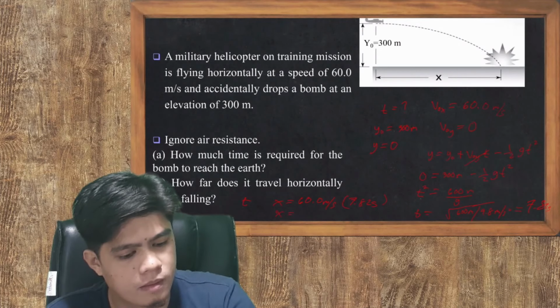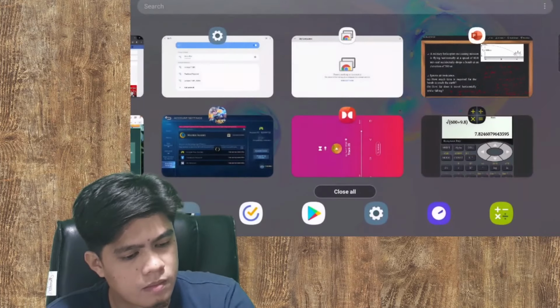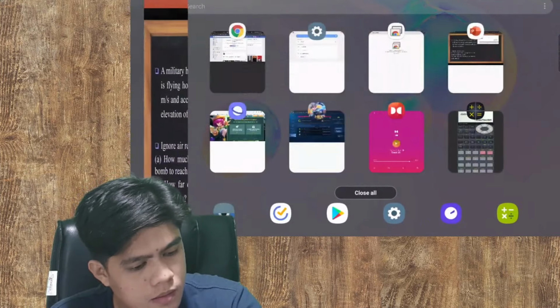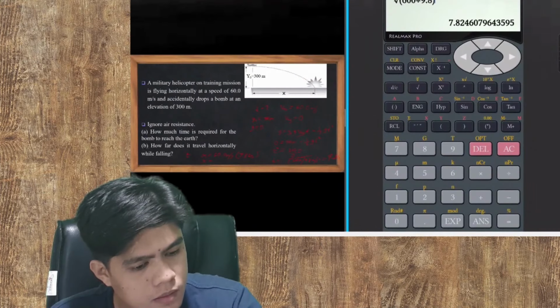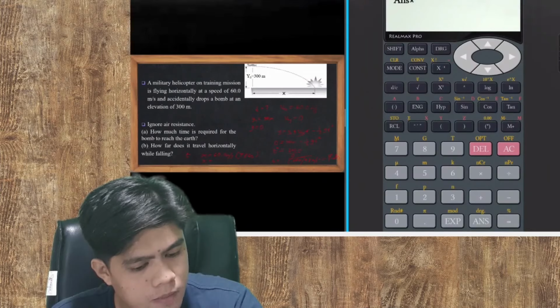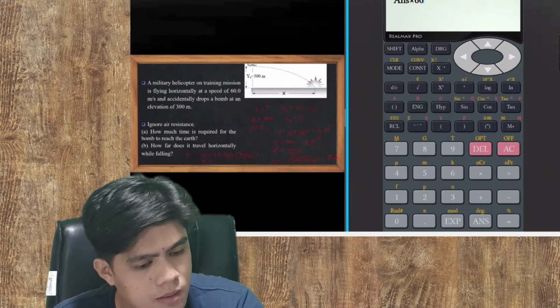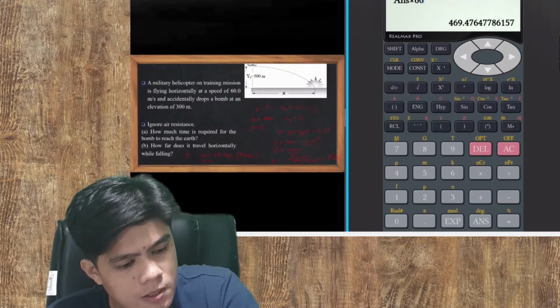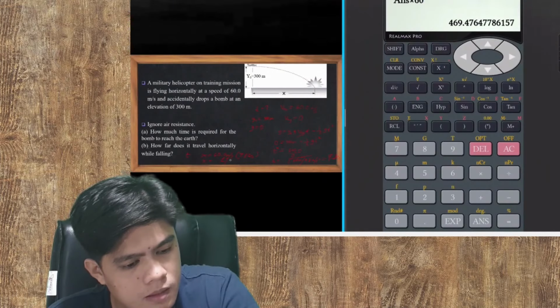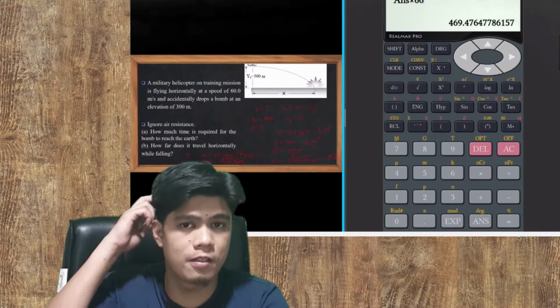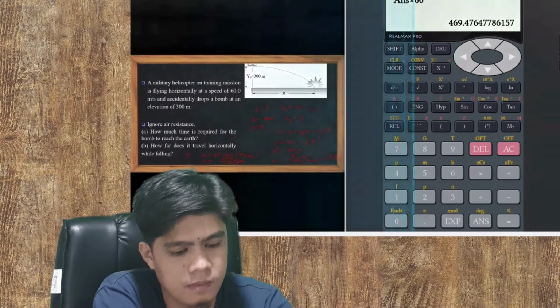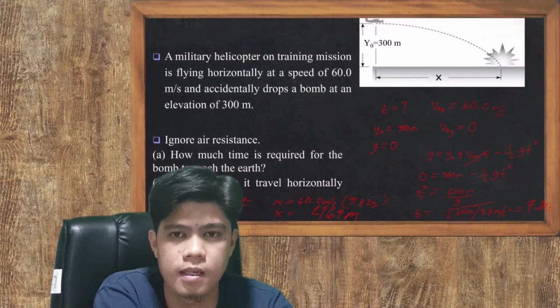Okay, so I'll just multiply this by 60 meters. So the range is 469.4, or 469 meters. Okay, so we'll just use three significant figures. Okay, so that's easy.